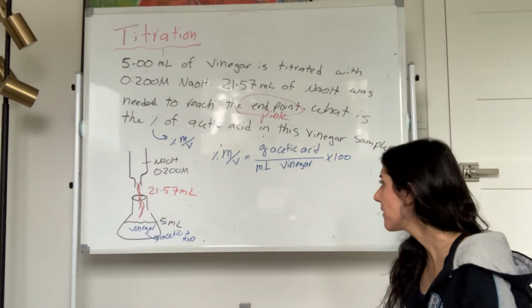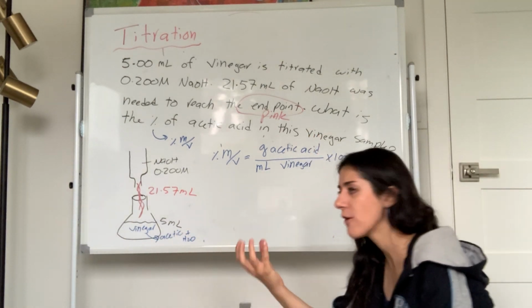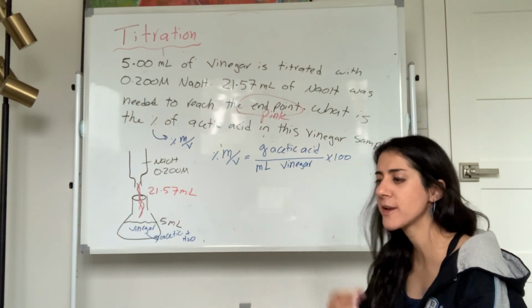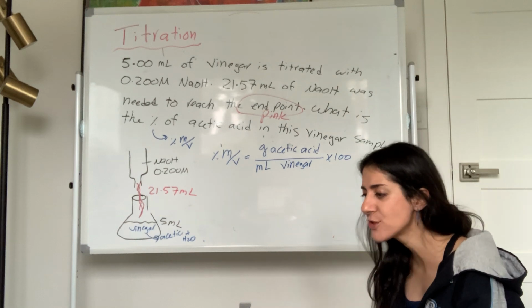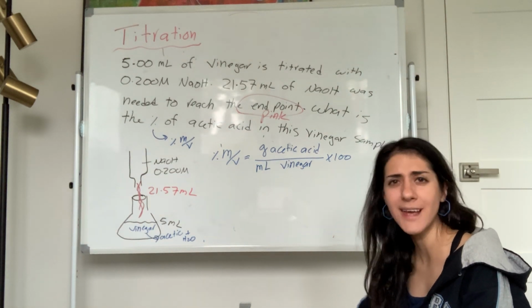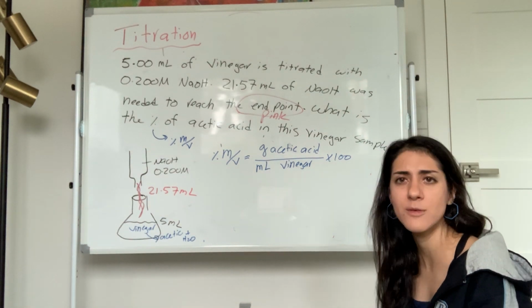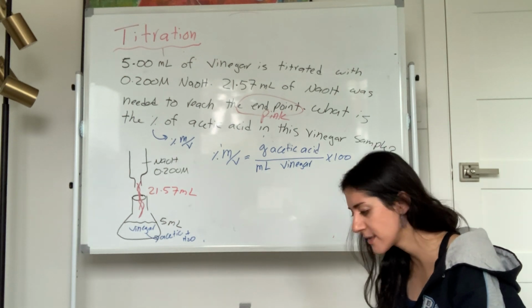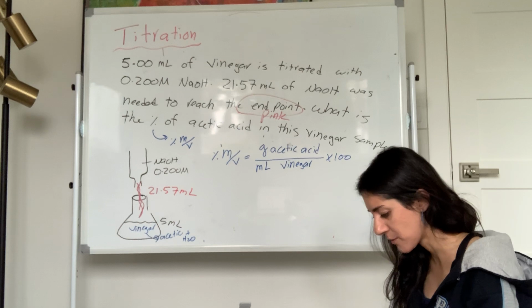I want to figure out in 5 ml of the vinegar solution how much of it is acetic acid. Because the vinegar that you put on your salad dressing is not just acetic acid, it has water and other stuff in it too. So you want to figure out how much of it is acetic acid. What's the percentage of that? So far so good? Okay.